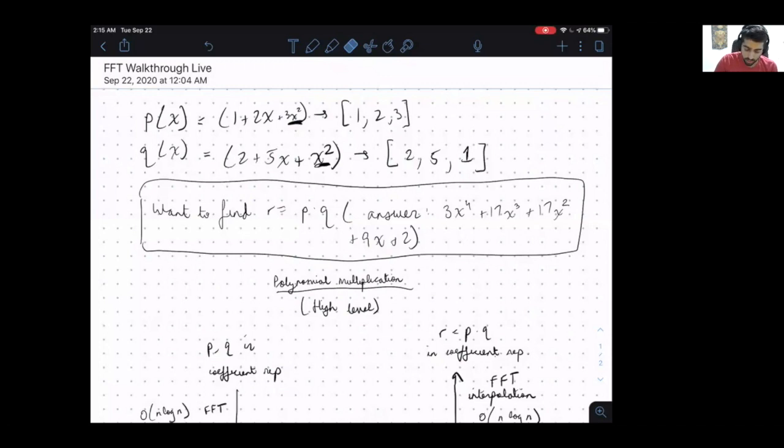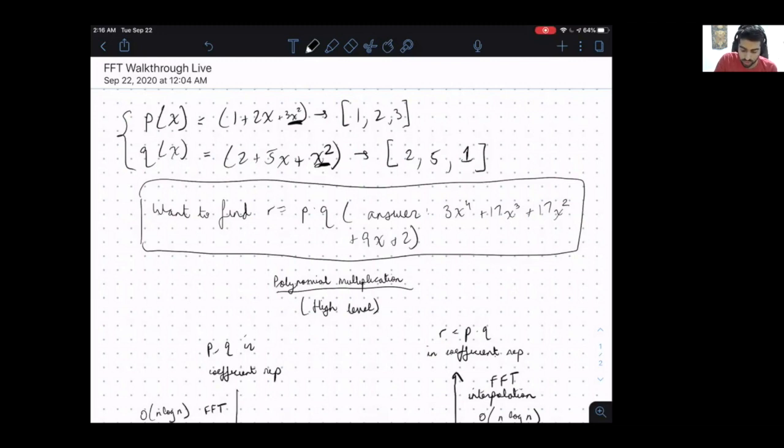So this is what the problem we have looks like. We have two polynomials, p of x and q of x. p of x is 1 plus 2x plus 3x squared, which we can also write in vector form as a sort of coefficient representation of the polynomial.